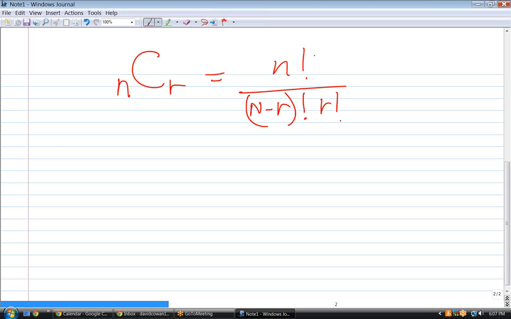And the way I memorize this is you always know that that goes in the numerator. And I know the denominator has 2 terms. And I know there's 2 n's and 2 r's. In other words, have you learned the permutation formula yet? No. Okay, well this one's very close. This one is n factorial over n minus r factorial.